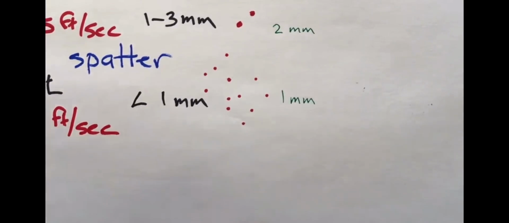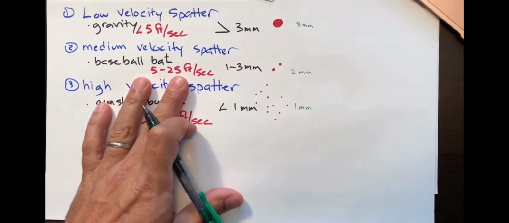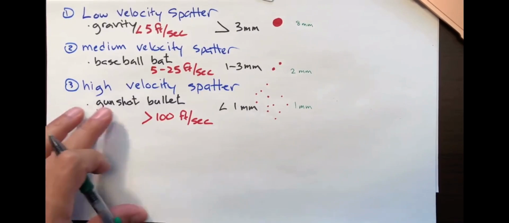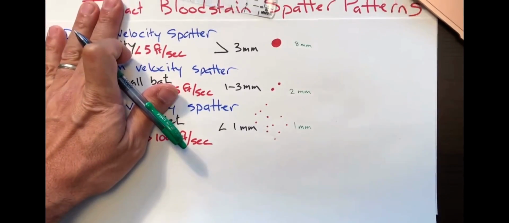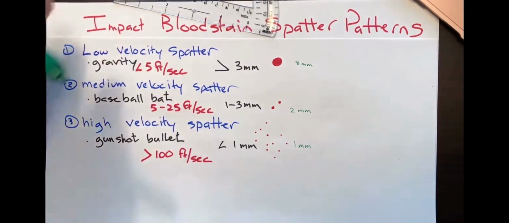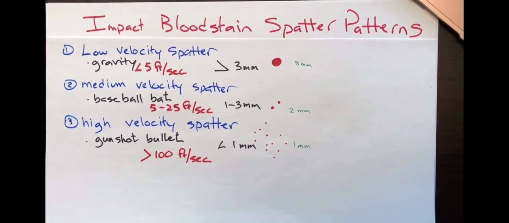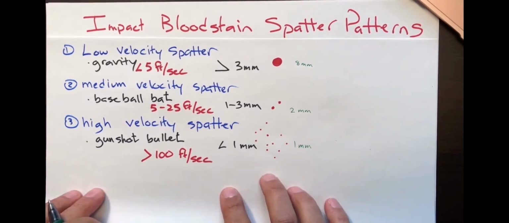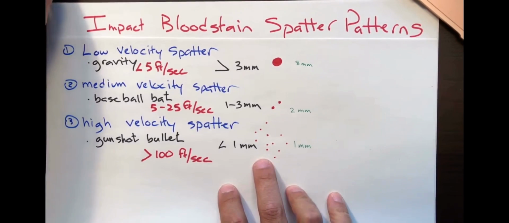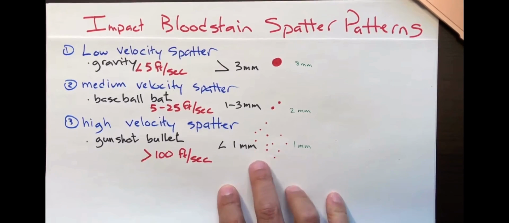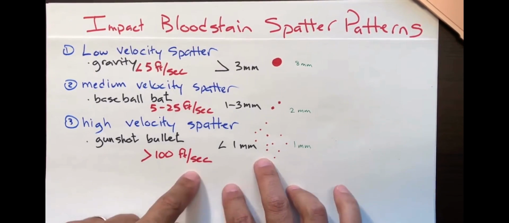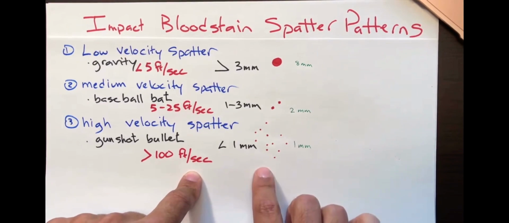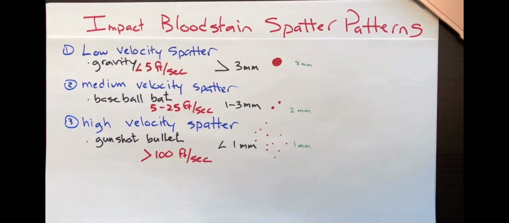Gun spatter will always have the smallest droplets because the force was fast, and the velocity that leaves the source of blood will also be fast, resulting in very, very tiny droplets. It's kind of like the opposite of what you might think. Something to note is that there's very little mass in those tiny blood droplets.